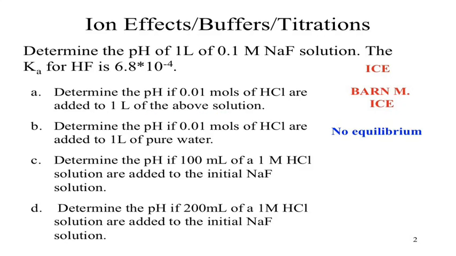Now we can go through the rest of the ICE chart. We can look at our change. If we look at Q, Q would be equal to what? Our product over our reactants, which happens to be 0. What's the relationship between Q and K? Do we know what our K is?